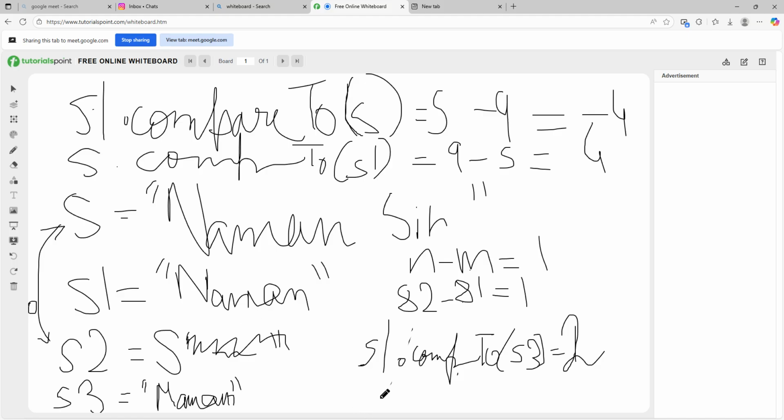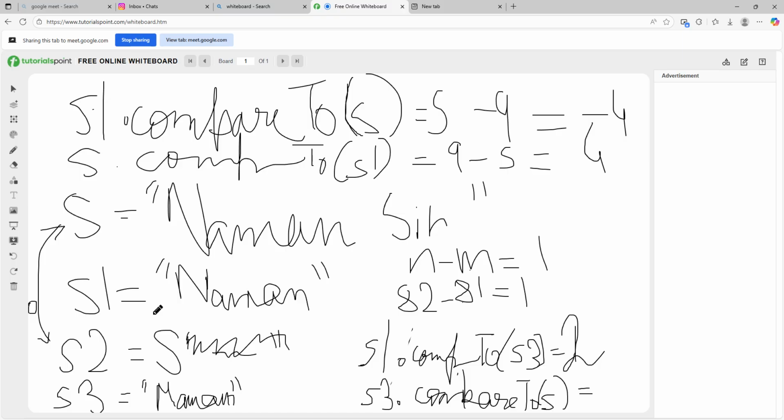Now let's say s3.compareTo(s). S3 is small, only 5 letters, and s is 9 letters.